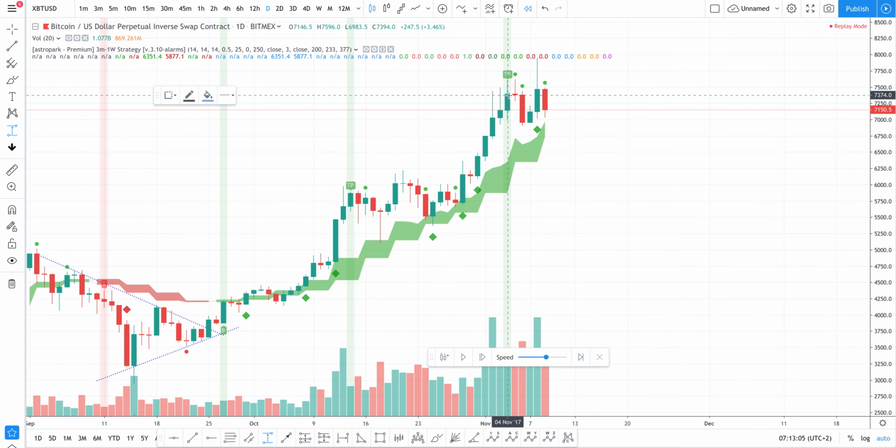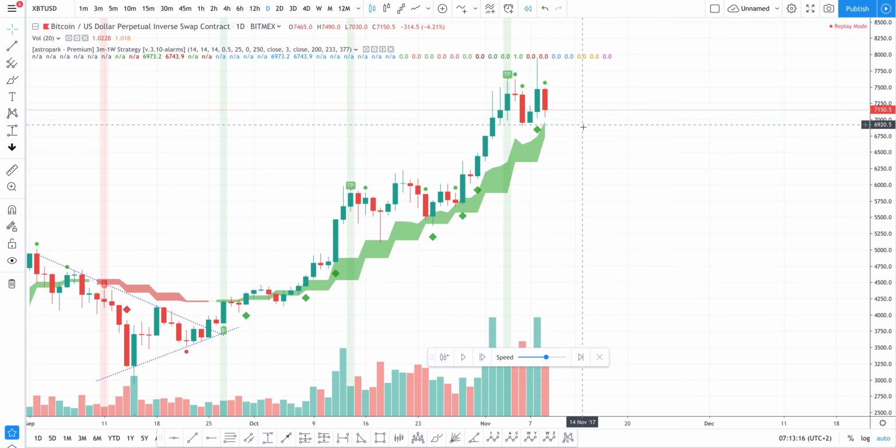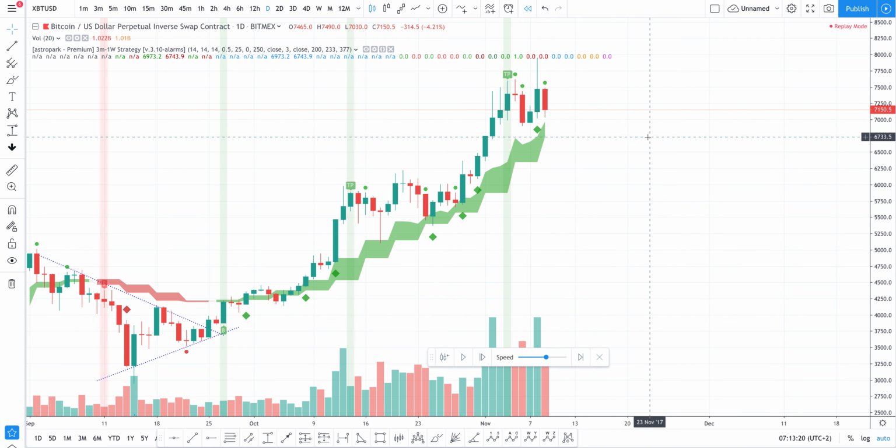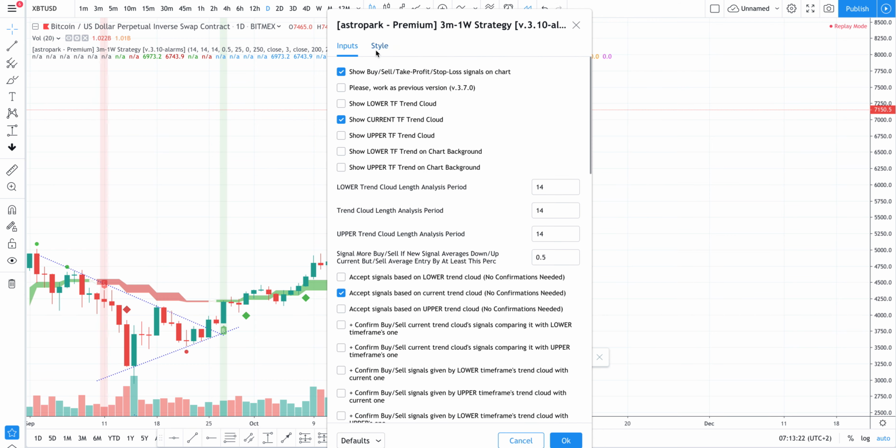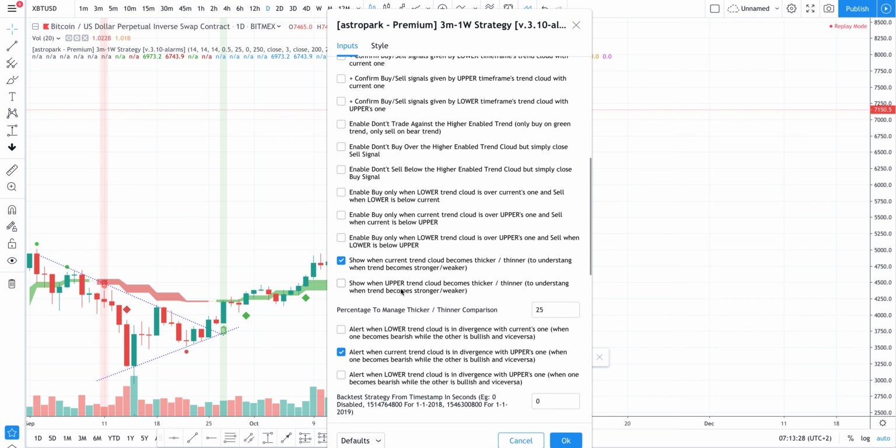I don't know. We are at 2%. I'm not secure. I don't want to risk, so basically I will not buy back here. I will try to buy back here, but you know, I like to hold the trend clouds active. I will activate this also for the upper trend.